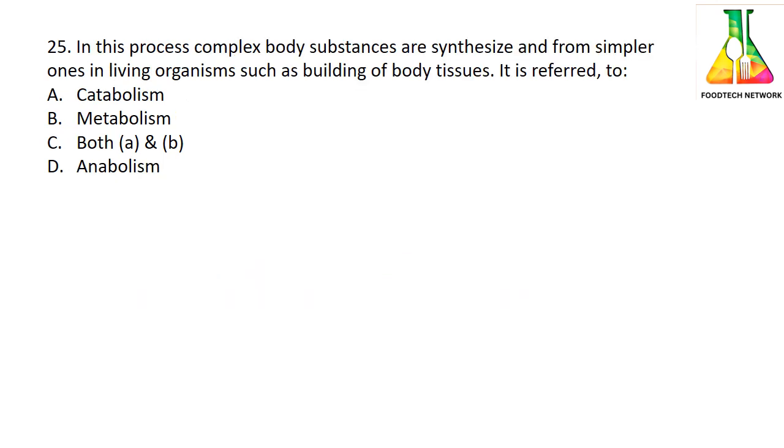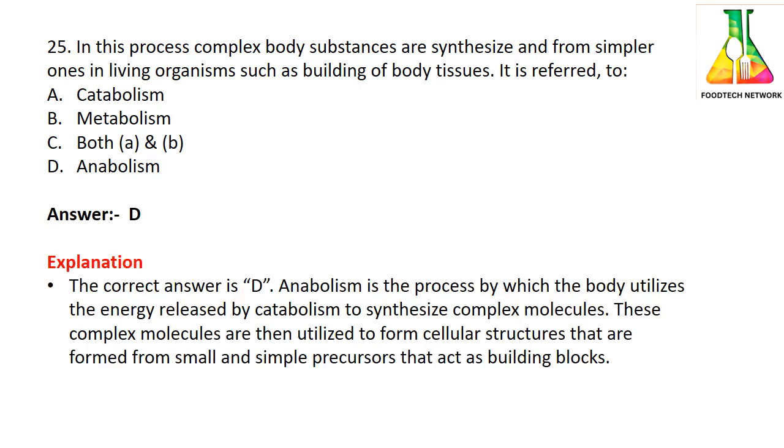In this process, complex body substances are synthesized from the simpler ones in a living organism, such as the building of body tissue. It is referred to as option A catabolism, option B metabolism, option C both A and B, and option D anabolism. Option D, that is anabolism.